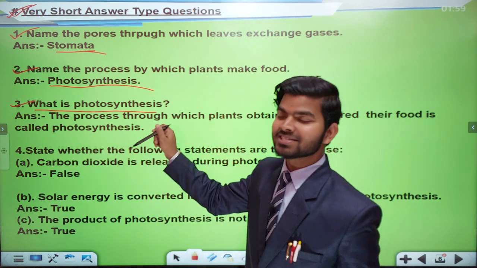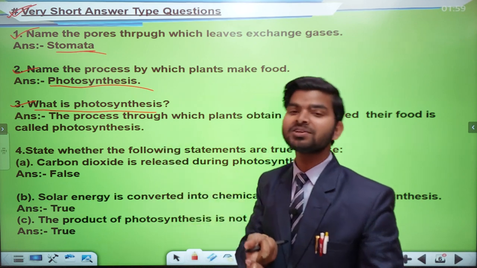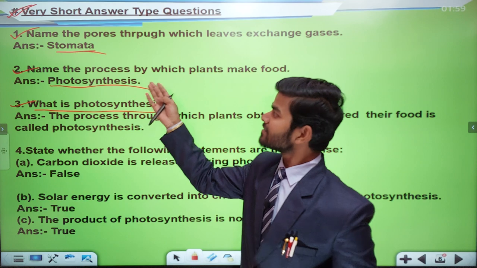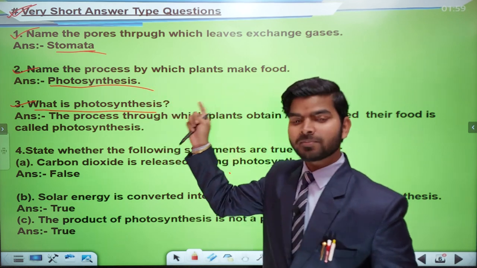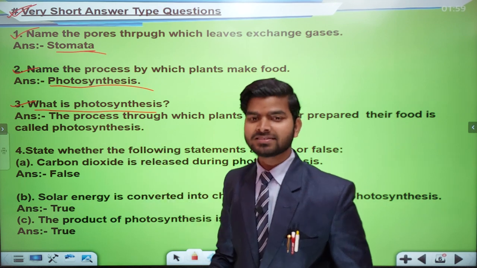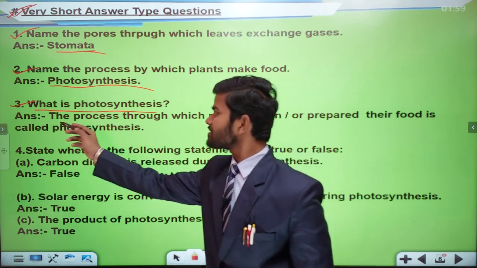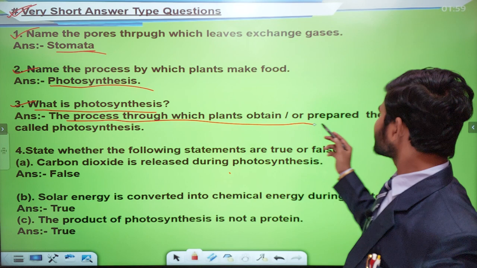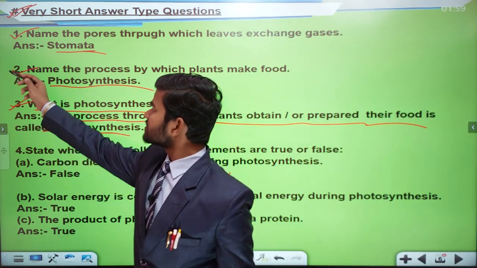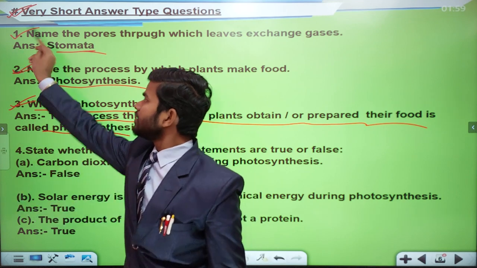This is the same question, but the wording has changed. The earlier one says the process of making food by the plants is called photosynthesis, but this question says what is photosynthesis? I have written here: the process through which plants obtain or prepare their food is called photosynthesis. Simple. So I have finished these three questions.